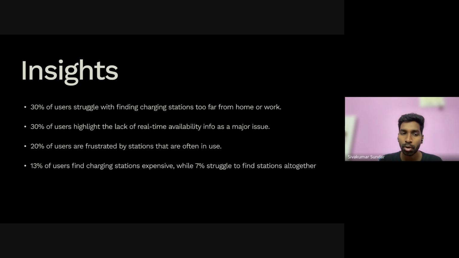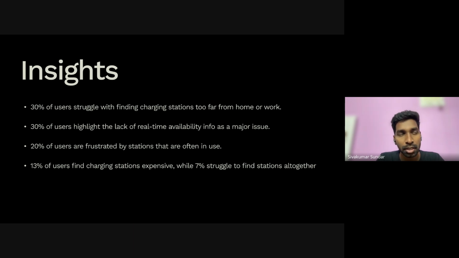And the second problem is that 30% of the users don't have real-time availability of whether the system is inactive or not. If they had that, it would be easy from home itself. They could say, the charging station near my college or office, is it still working?